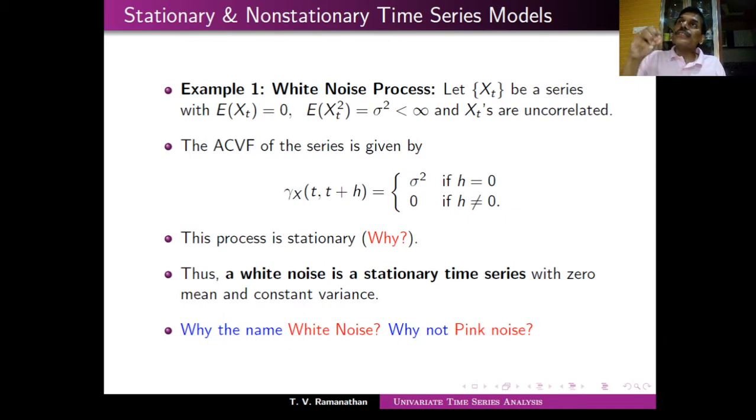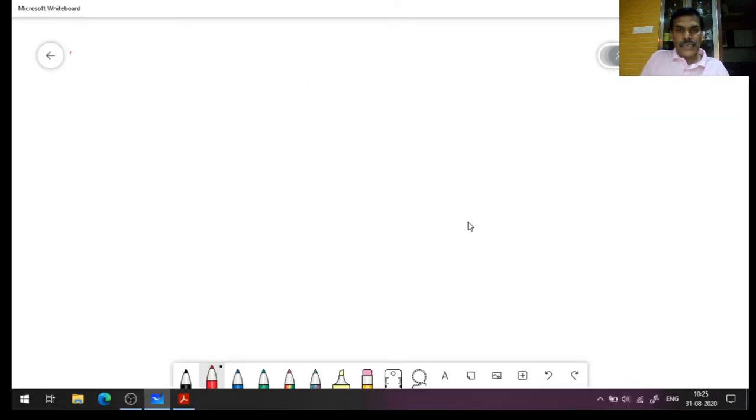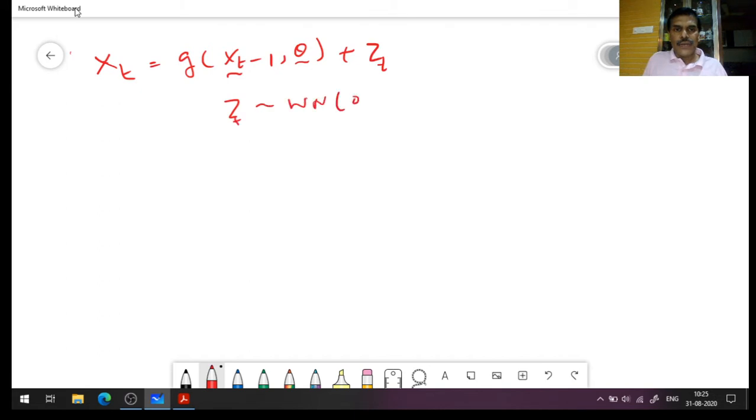So this plays the same role as errors in a regression. In regression, we write y equals beta x plus epsilon. Most of the processes are written like this. For example, we write xt equals some function g of t with parameter theta, plus zt, where this zt is white noise.